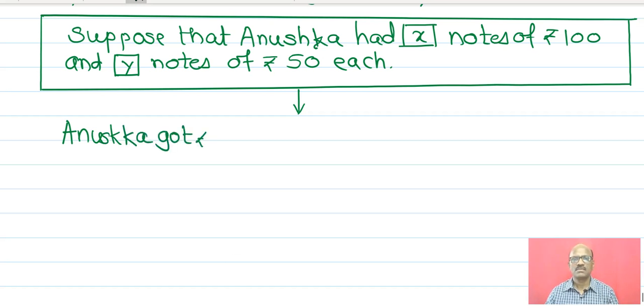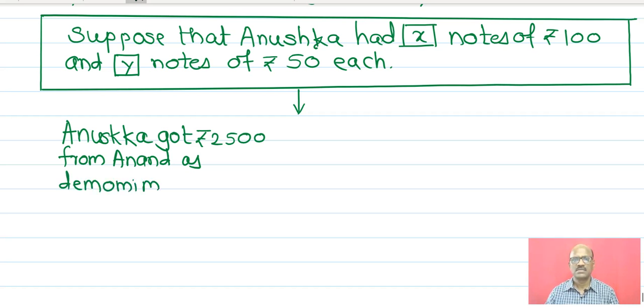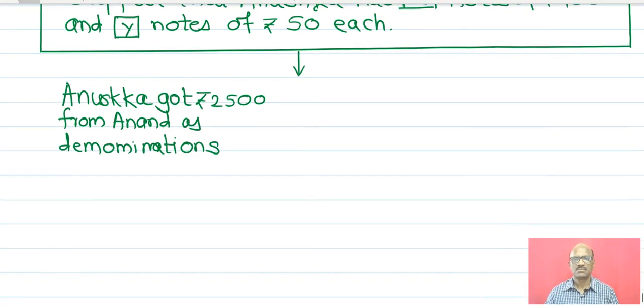Now next, Anushka got ₹2,500 from Anand and as denomination mentioned above.